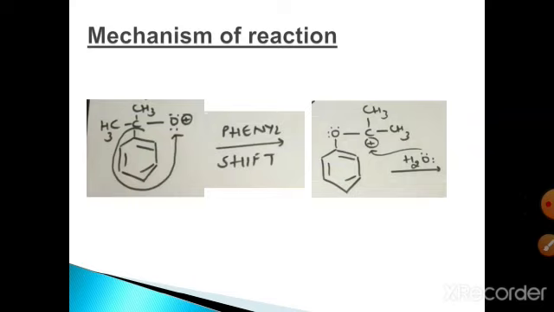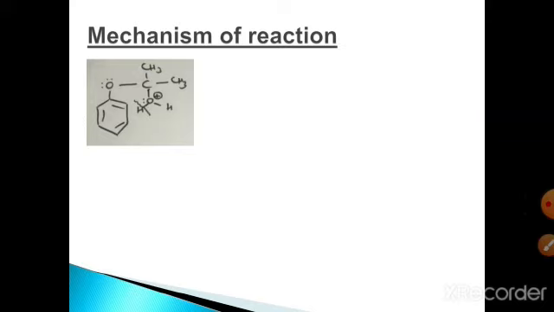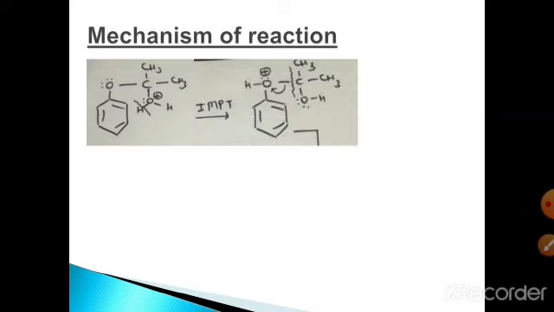And now when the positive charge is created on the carbon, the water which is present in the reaction mixture acts as a nucleophile. It will attack the positive charge on the carbon. When this water attacks the carbon, it creates a positive charge on the oxygen, and in this step intermolecular proton transfer takes place, and the bond between oxygen and hydrogen will break, and this proton will make a bond with the oxygen.